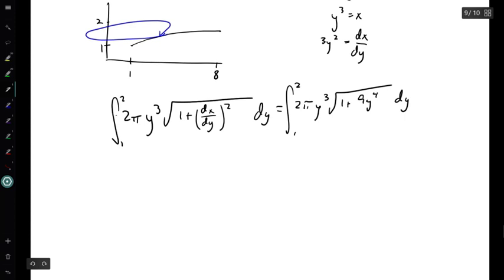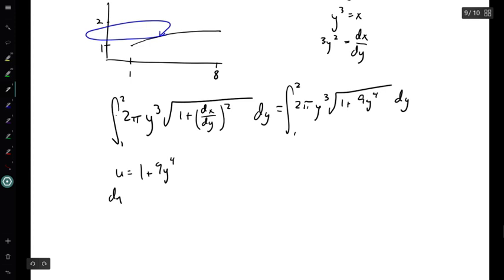And now with this, we notice that we can do a proper u substitution here because I have a quartic inside, that means a 4th degree polynomial, and its derivative will be some multiple of y cubed. So a good idea here would be setting u equal to 1 plus 9y to the 4th.